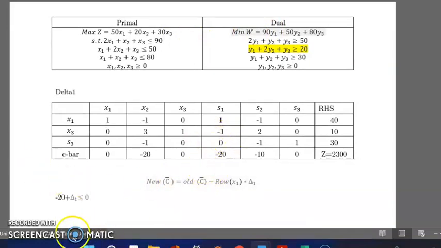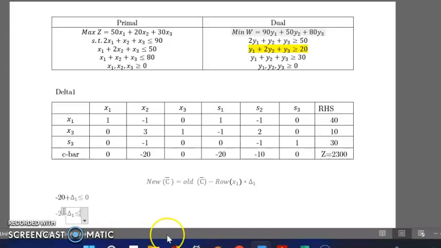Now for S1, we do the same thing. So it's minus 20 minus 1, because the value in the x1 row is 1 and not minus 1. So minus delta 1.